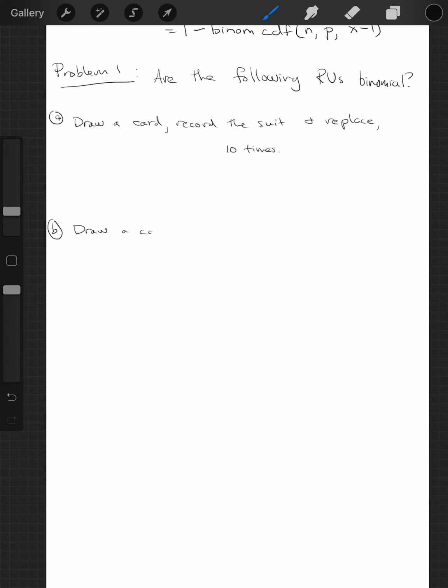Second one: draw a card, record whether it's red or black, until the deck is empty.